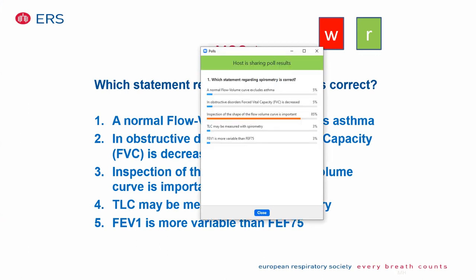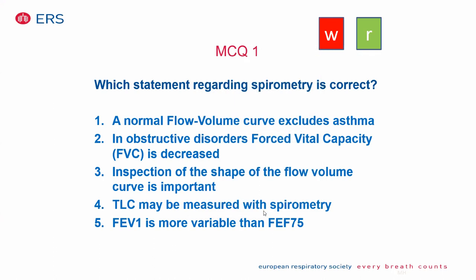And here we have the results, and that's actually one of the key messages well taken. You always inspect the flow volume curve first before you look at the numbers, decide whether it's technically correct. And we have heard that most children with asthma have actually normal lung function values, so this is clearly wrong. In obstructive disorder, it's the FEV1, the forced expiratory volume, and perhaps the flows that are more important than forced vital capacity.